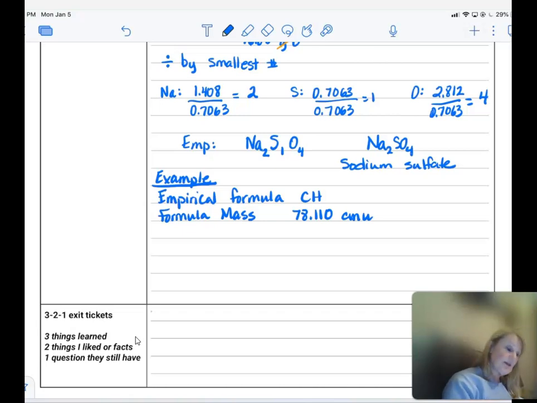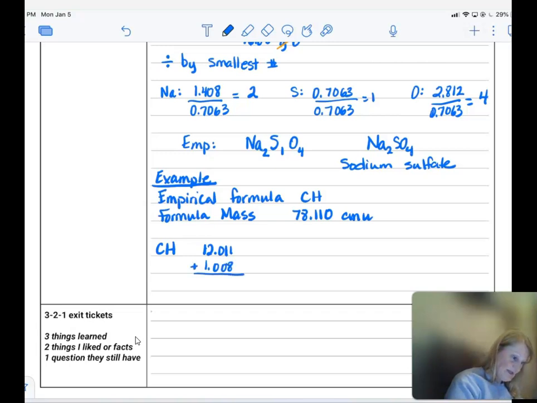What we're going to do then is find the mass of CH, which has one carbon and one hydrogen. So we're going to look it up. Carbon is 12.011 and hydrogen is 1.008.